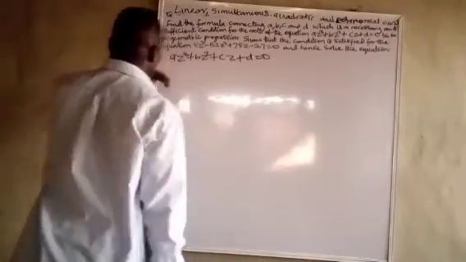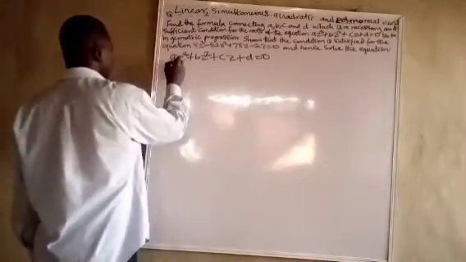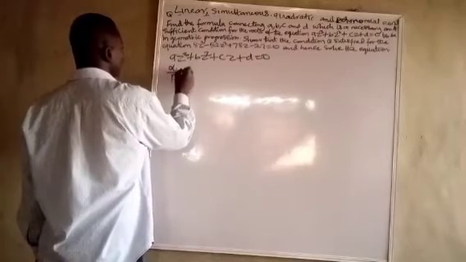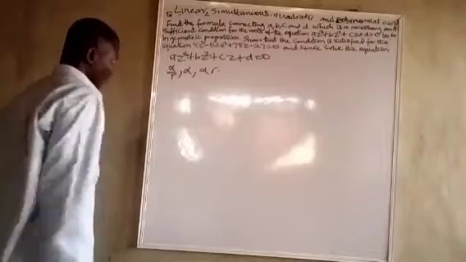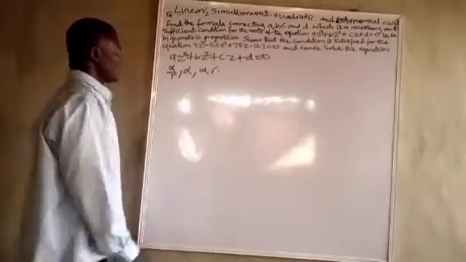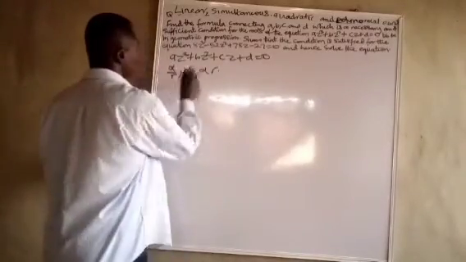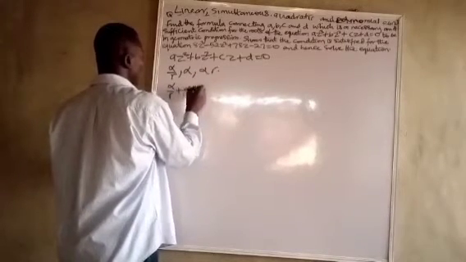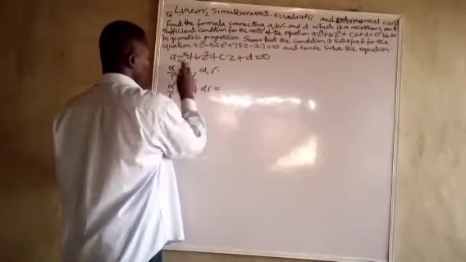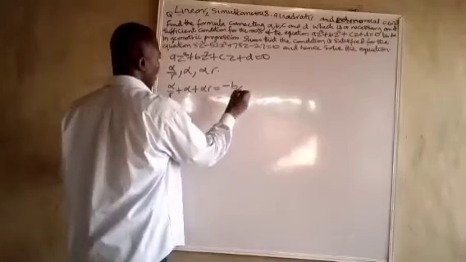When the roots are in geometric progression, that is, the roots are alpha over r, alpha, and alpha r. Now, for this to be the condition, we are going to have it like this. Alpha over r plus alpha plus alpha r is going to give us minus b over a.